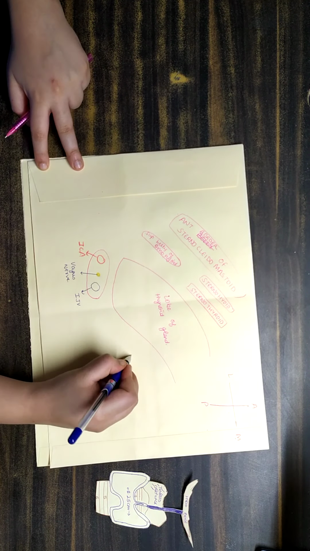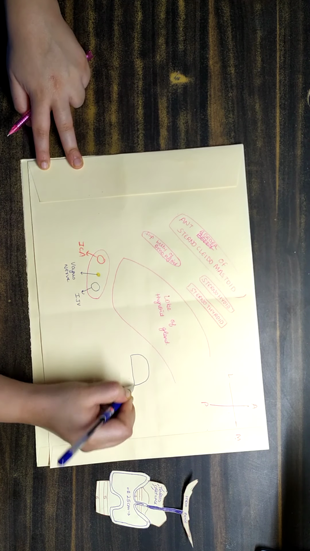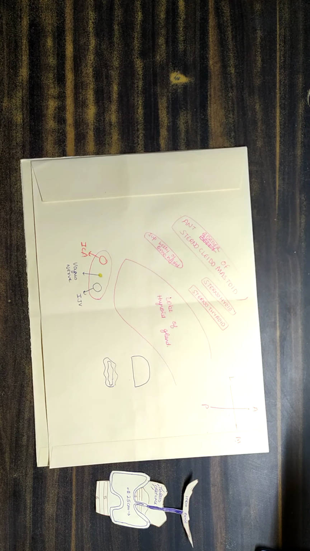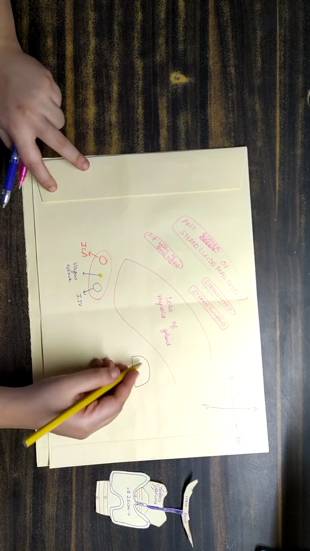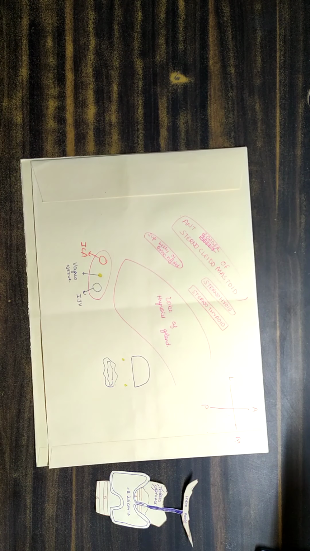I'll draw it. First of all, I'll draw the trachea because it is anteriorly located. Then you have the esophagus. And I'm going to draw my nerves. The important nerves present in this relation are the external laryngeal and the recurrent laryngeal nerves.